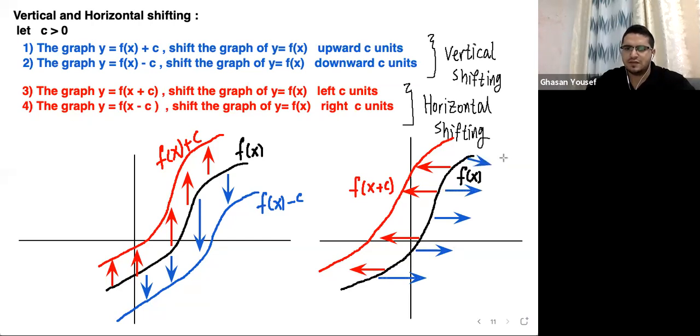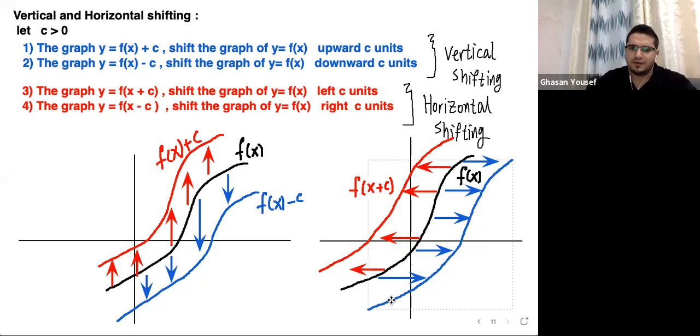So suppose c is a random value. We shift the black curve to the right c units, like this. And this is my graph for f of x minus c.